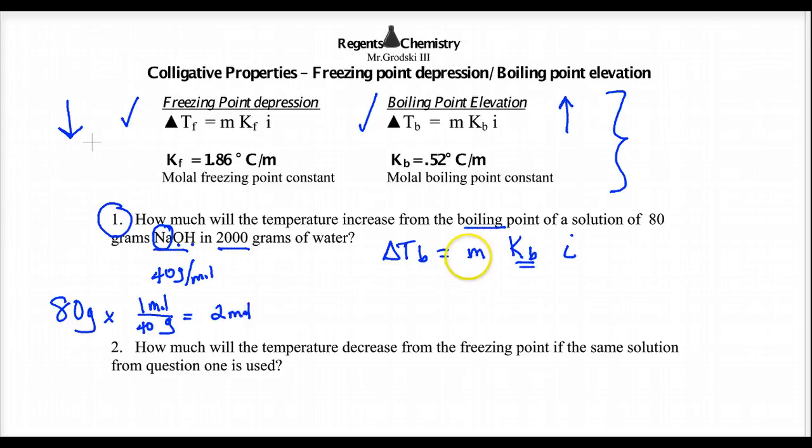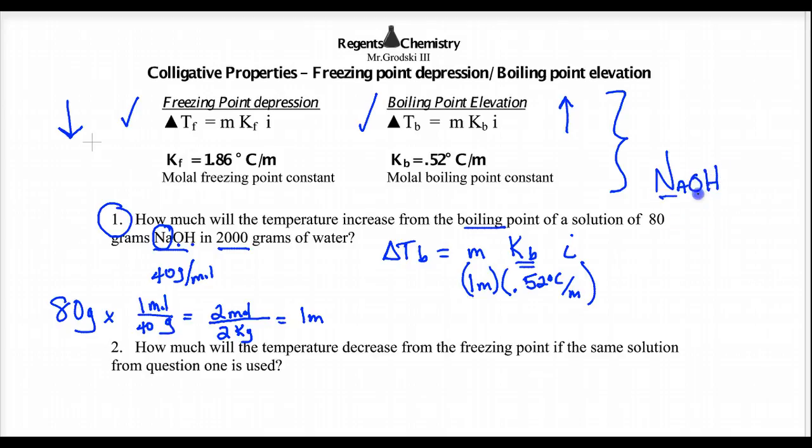Why do I want moles? I want molality. Molality is moles of my solute, in this case it's the sodium hydroxide, over a kilogram of water. Oh, 2,000 grams of water? That's 2 kilograms of water. So my molality, 2 divided by 2, is 1 m. So 1 m goes here. My Kb, my constant for boiling, is 0.52 degrees Celsius per molal. And because it's sodium hydroxide, it is a salt.